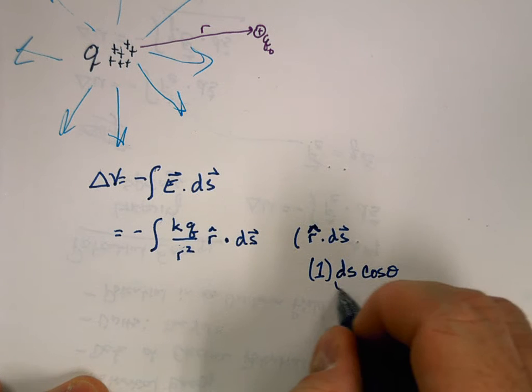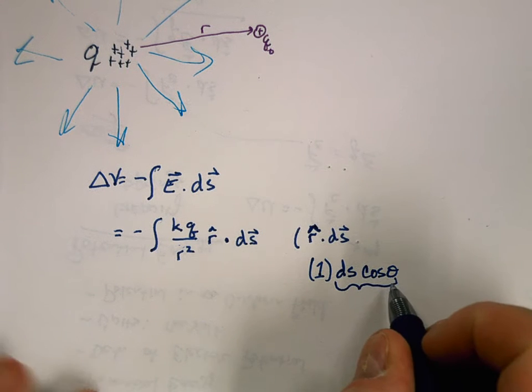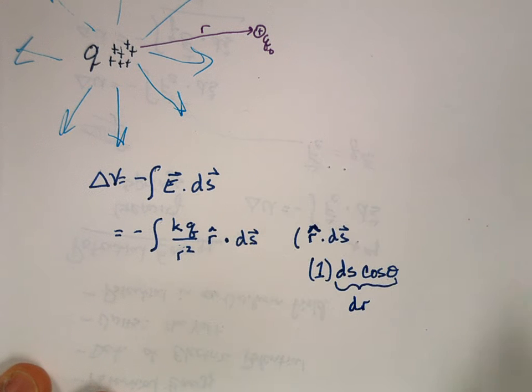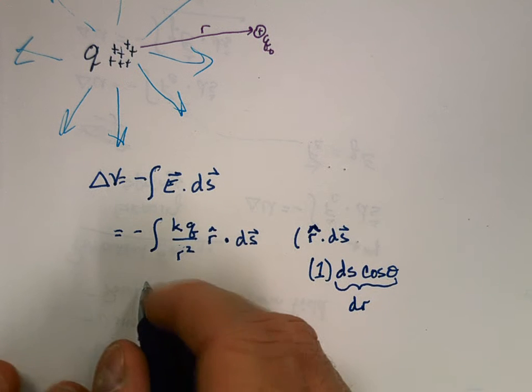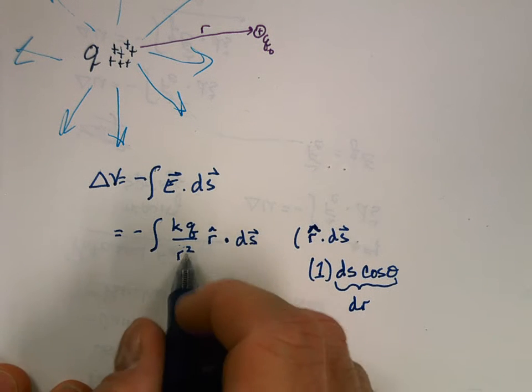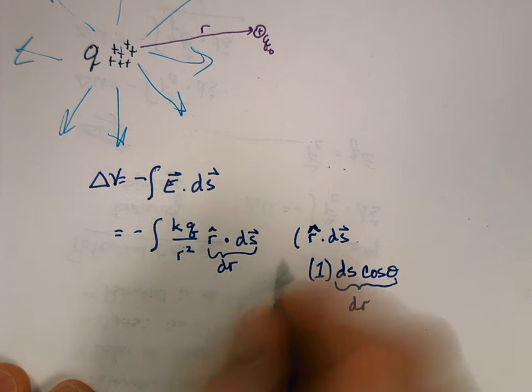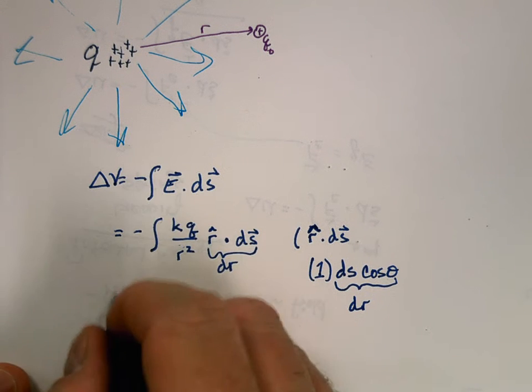But if it's along cosine theta, then ds cosine theta just equals dr, and that turns this whole thing into dr.